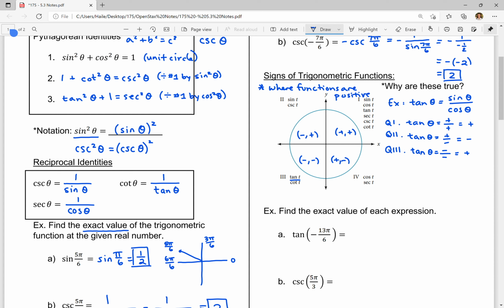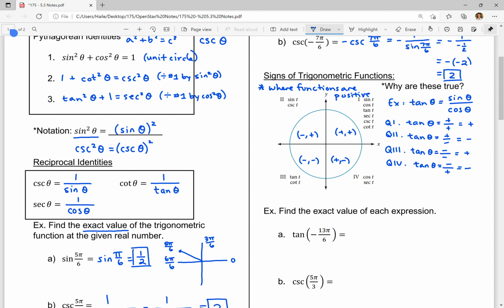That means it's positive. And finally, in quadrant 4, tangent of theta is going to be a negative number divided by a positive number, which gives us a negative number. And if we go and look at our diagram, we see that tangent is not listed, so it is indeed negative.